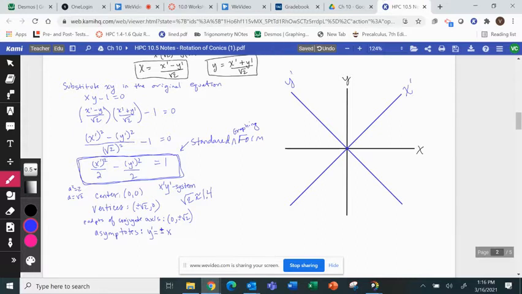So what I'm going to do is look at labeling the blue ones, counting by ones, trying to make it accurate, but I'm freehanding it, so it's not going to be perfect. And it looks like 1.4 is where I'm going to go on the x prime axis. And then on the y prime axis, I'm also going to positive and negative 1.4.